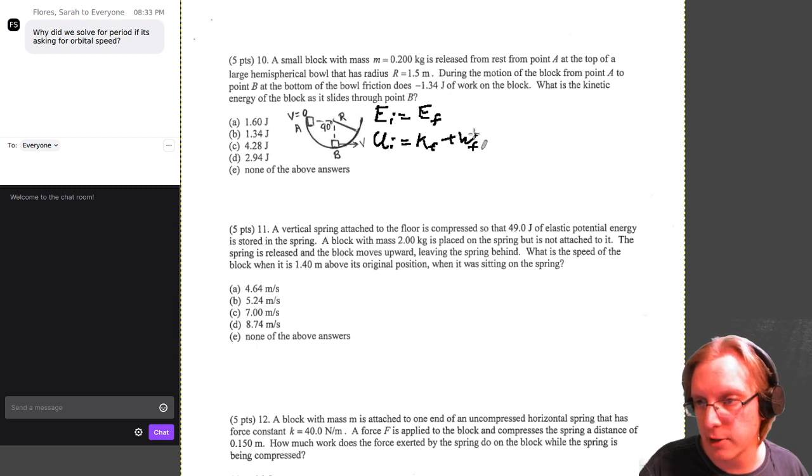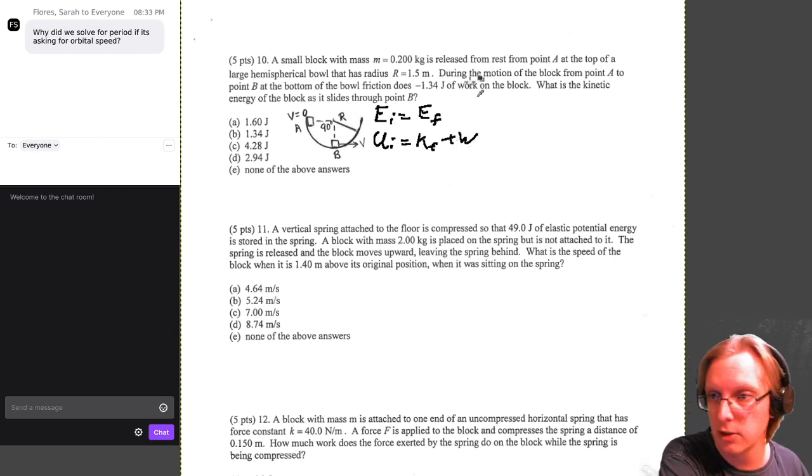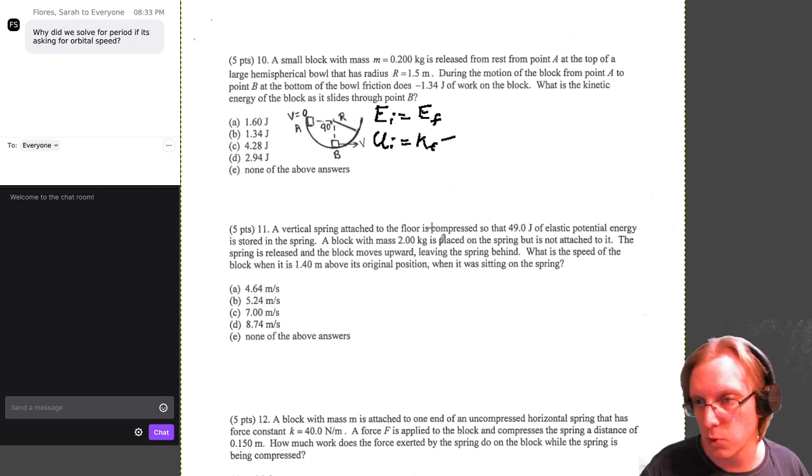Note again that I put my friction on the wrong side, so this is actually not plus work of friction. This is actually minus work of friction, to make all the signs work out, right? mgh is equal to our kinetic energy, 1/2 mv squared, plus our work of friction, 1.34 joules.